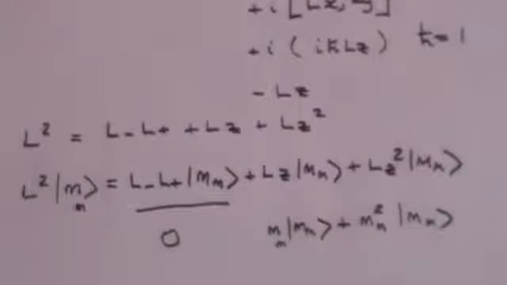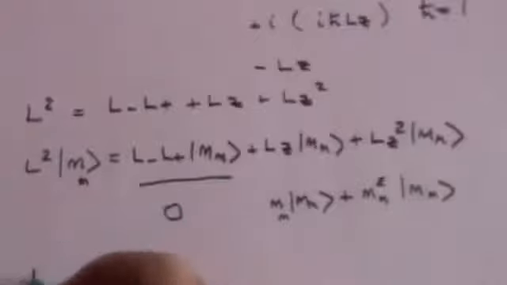And what does Lz squared do? Well, that of course just produces m max squared acting on m max. Lz will always return the value of the angular momentum along the z-axis. So Lz will return the maximum value because we are at the maximum, and Lz squared will simply return the square of that.